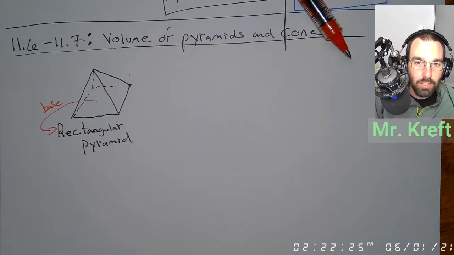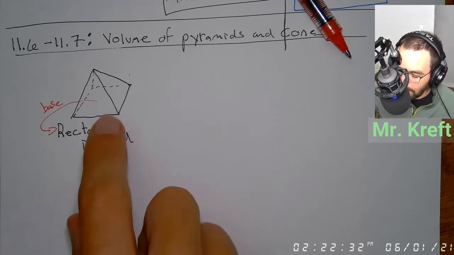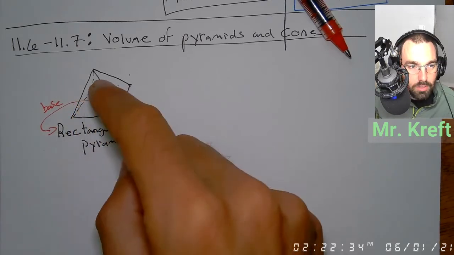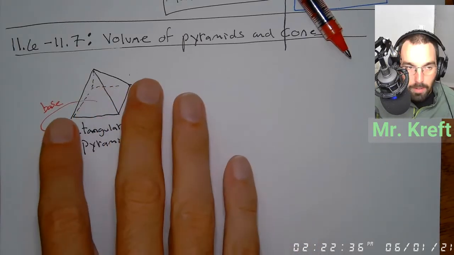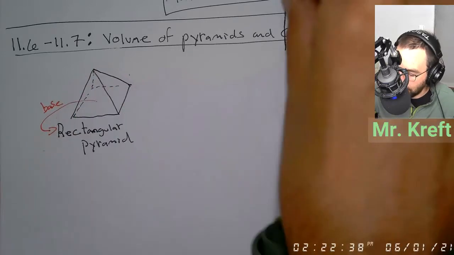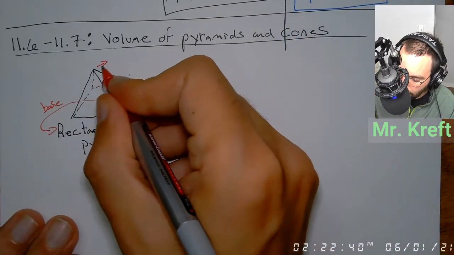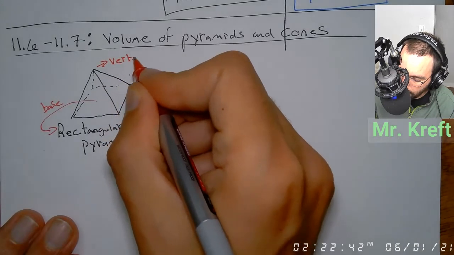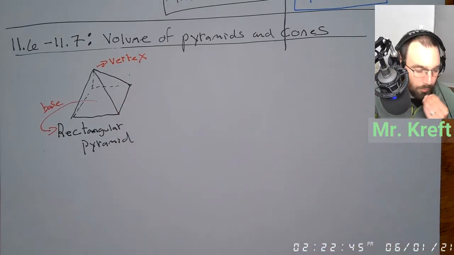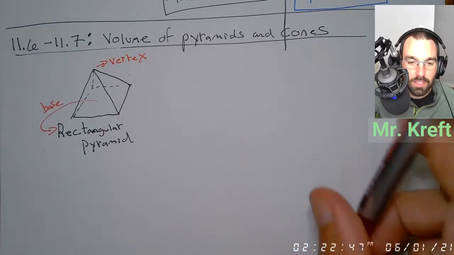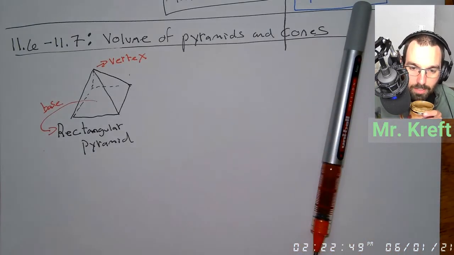You could have square pyramids, triangular pyramids, pentagonal pyramids. What they have in common is that the sides are all going to be triangles, and it starts from a base and ends at a point. And this point at the top is called the vertex. Okay, so that point is called the vertex.